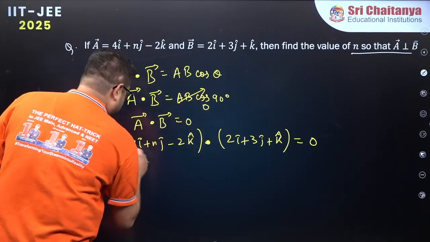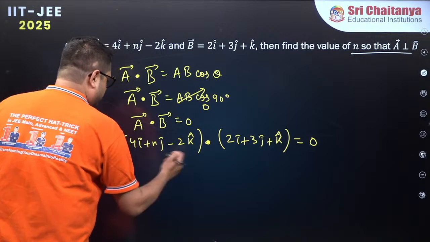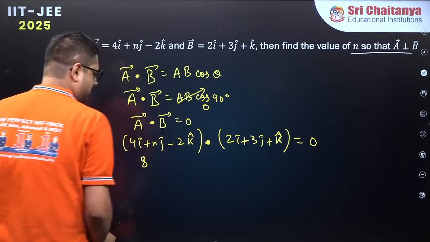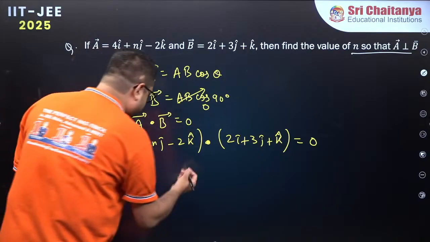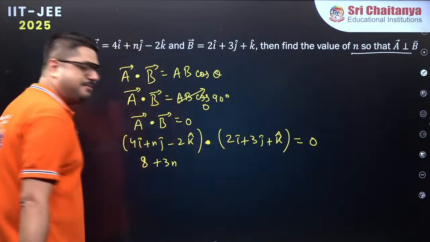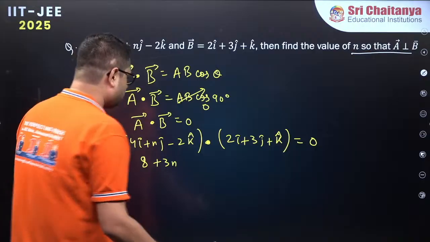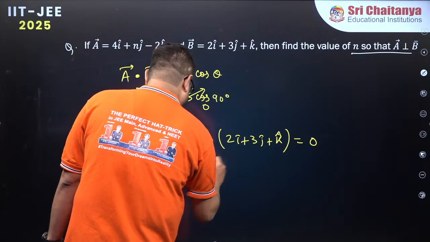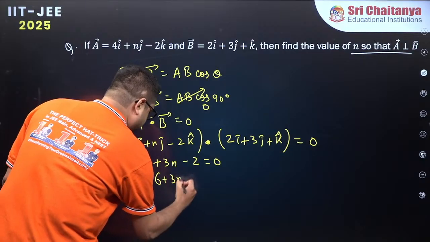We can only multiply 4 with 2, because they have the same unit vectors. 4 twos are 8. n can be multiplied with 3, so I will write plus 3n. And what else? Minus 2 can be multiplied with 1, so that is minus 2. So 8 minus 2 is 6. 6 plus 3n is equal to 0.